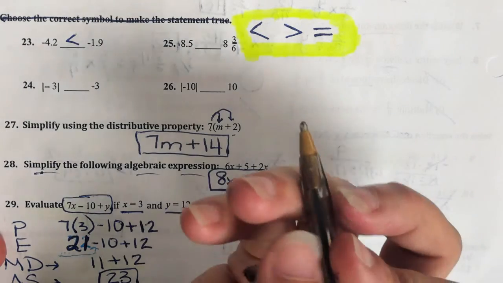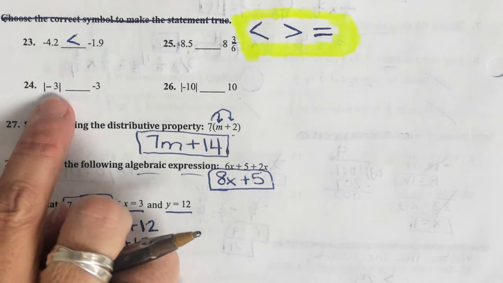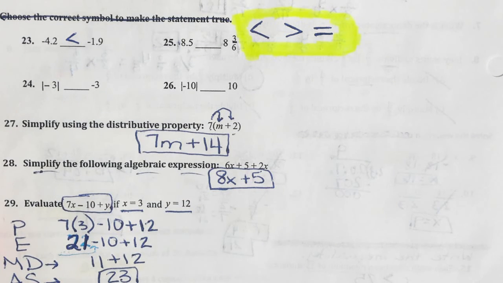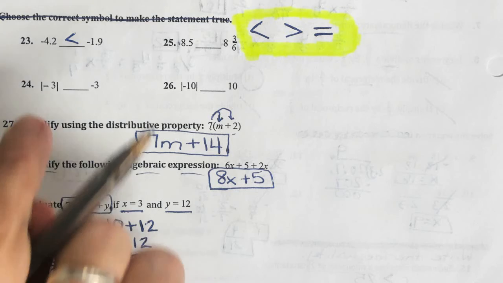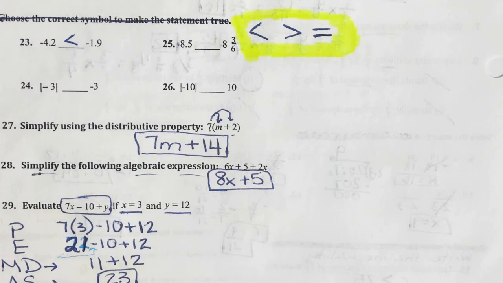Because -4 is further, yes. Okay, these little bars, if you weren't here at the beginning of the year, and I knew I had some new students. If you see these bars, like on number 24 here, they're called absolute value bars. Now, I don't know if you've ever heard of it, because I know you were new.